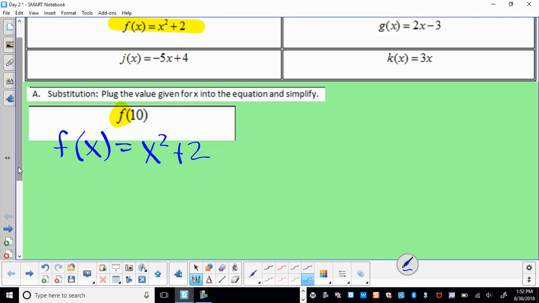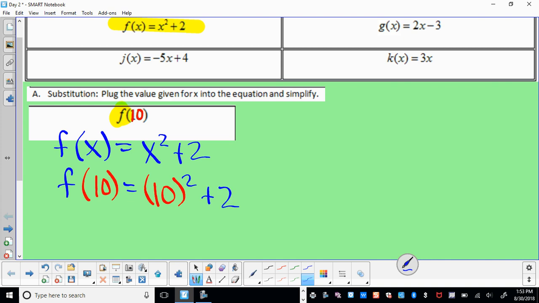All right, they also gave us the number 10. So that tells me instead of writing x, I'm going to put 10 wherever x is. So this x squared plus 2 is going to be 10 squared plus 2.